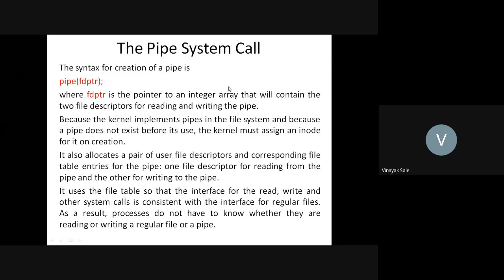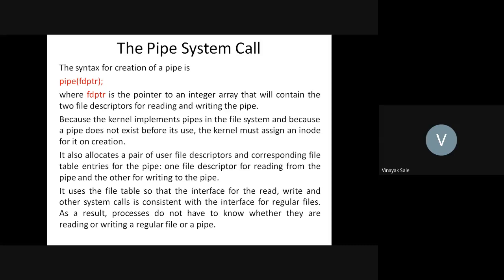Then the syntax of the pipe system call: pipe, and then the argument is a file descriptor pointer, fdptr. The file descriptor pointer is a pointer to an integer array that will contain the two file descriptors for reading and writing the pipe.